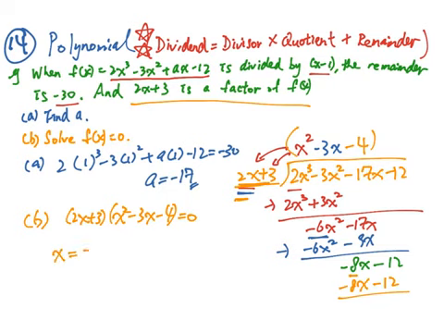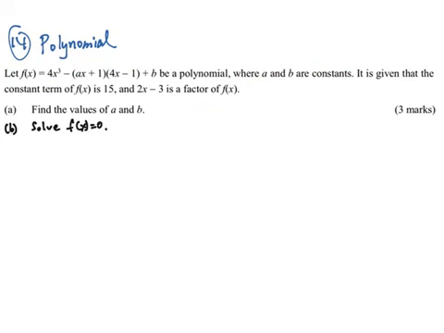So x is equal to negative 3 over 2, and for this, it is quadratic. So by using the calculator, formula 01, we can get 4 and negative 1. So it is the answer.